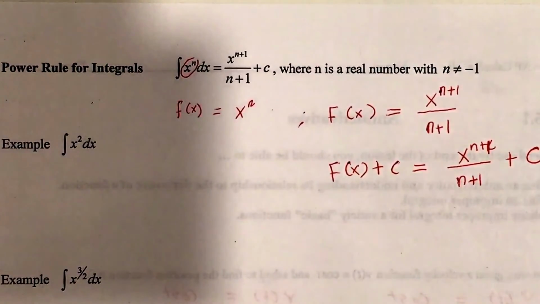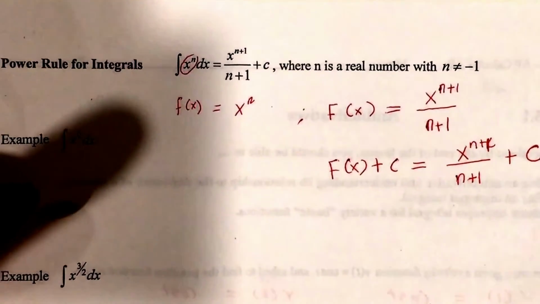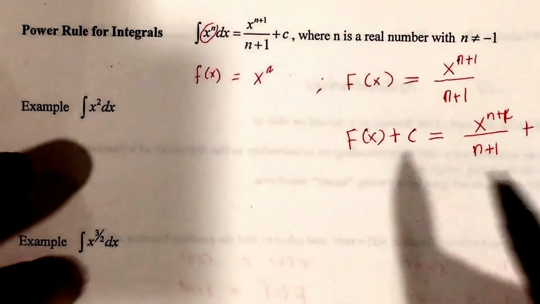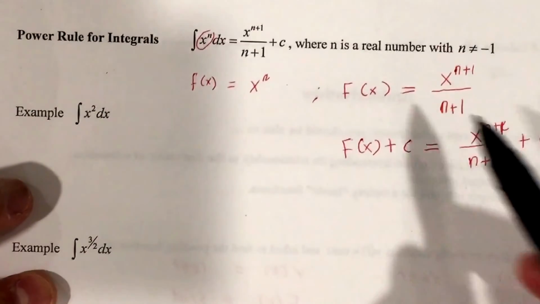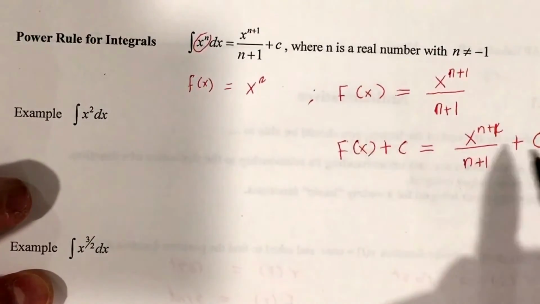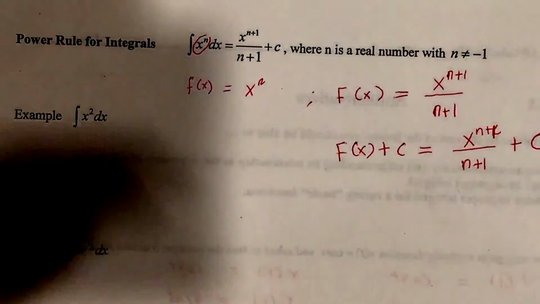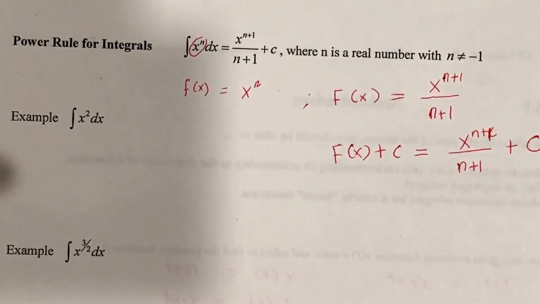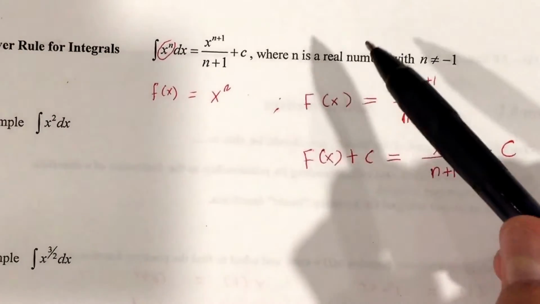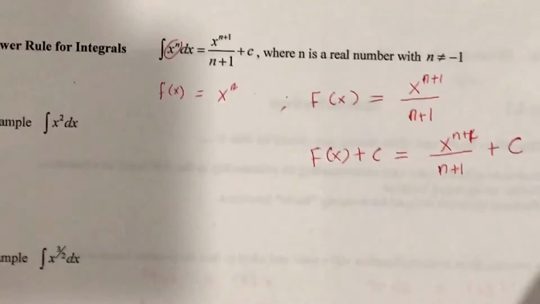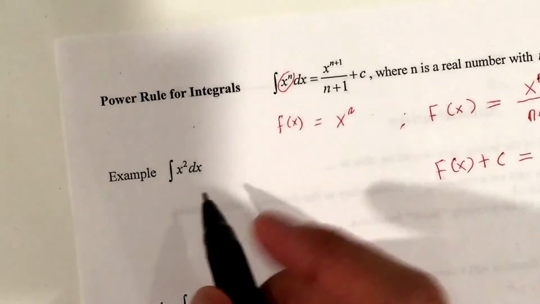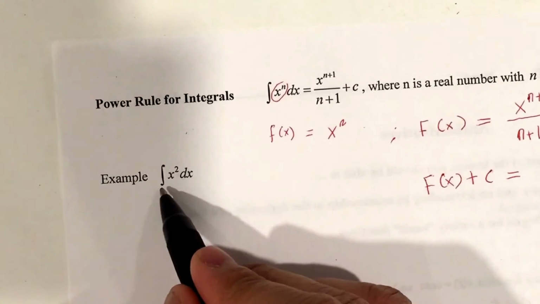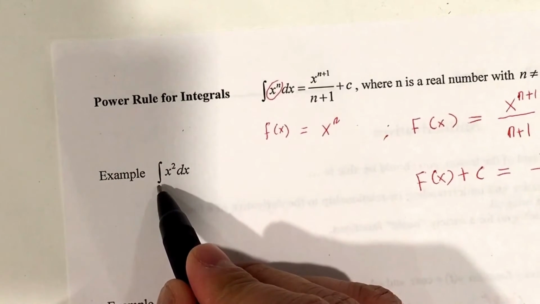So whenever you see one of these problems here, they are asking you for the general antiderivative. Not just one antiderivative, but the general version of it. These are all power functions, so we're just going to follow this rule, which tells us to add 1 to the power. You can read one of these problems like this: this symbol tells you to find the antiderivative.